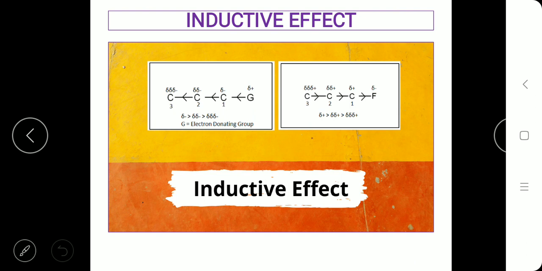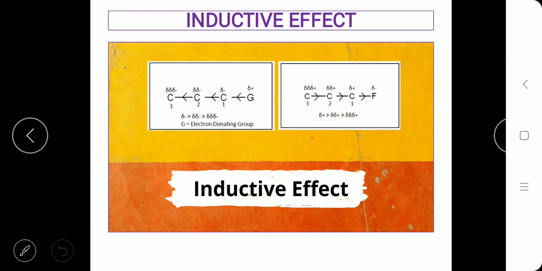So G here is referred to as the electron donating group. An electron donating group always provides electrons to the adjacent carbon atoms and hence comes under the category of plus I effect.